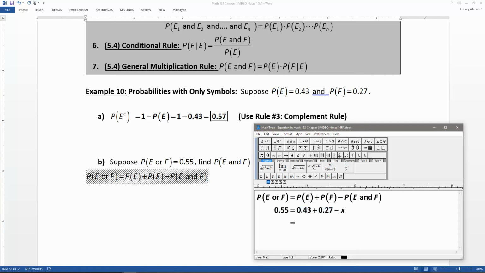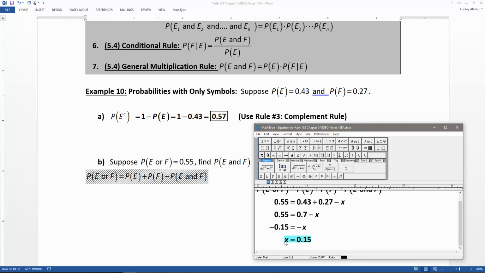So this is 0.55 equals 0.7 minus X. Okay, so we subtract away 0.7 from both sides because we want to get X by itself. When you take 0.55 minus 0.7, you get negative 0.15, and then you have negative X over here. Well, that must mean that X equals 0.15 if you divide both sides by a negative.